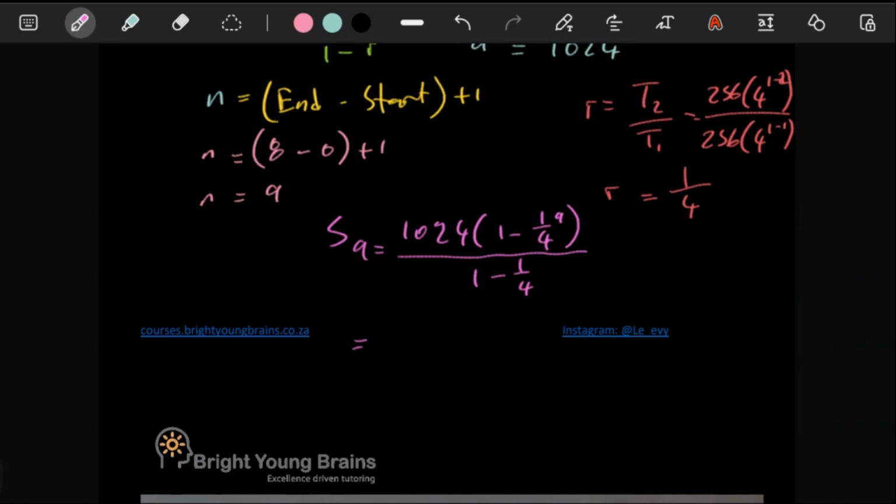Let's see. This is giving us 87,381 point something over 64. This looks a bit shady, but it looks fine, because our numbers are not very exotic either.